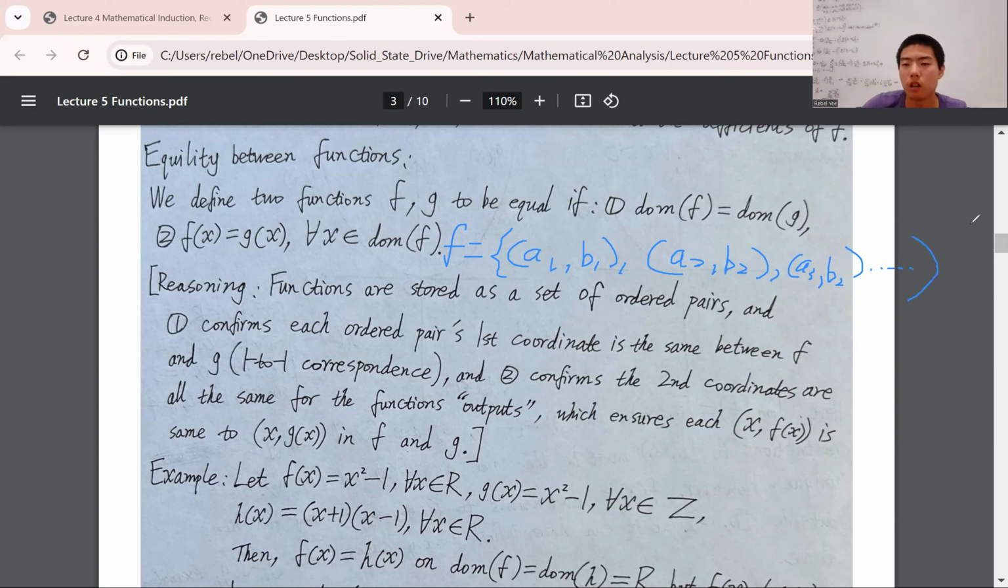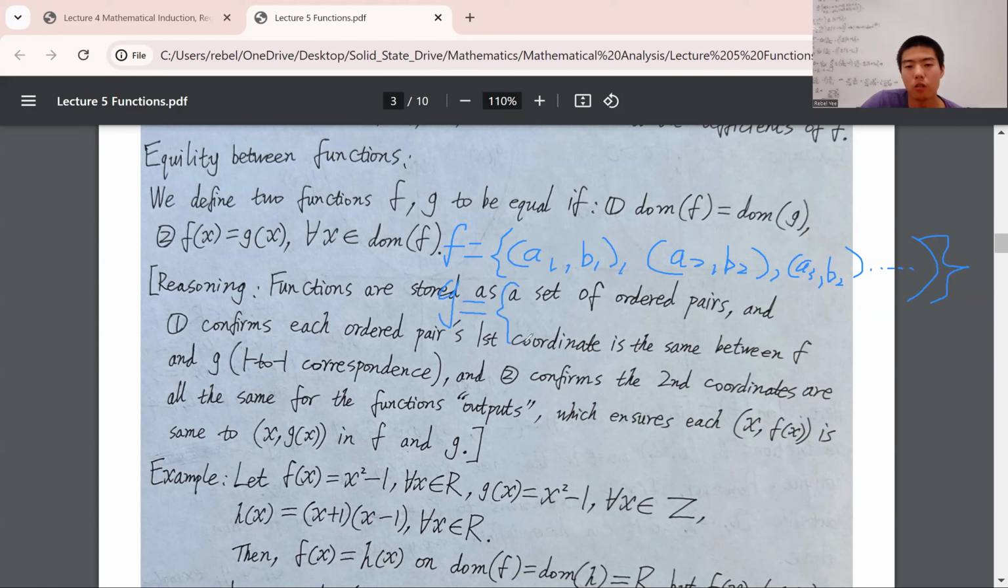So this is a large bracket. This is how f is stored as a function with its information. So the first condition confirms that all of the first coordinates a1, a2, a3 here are the same in both f and g.